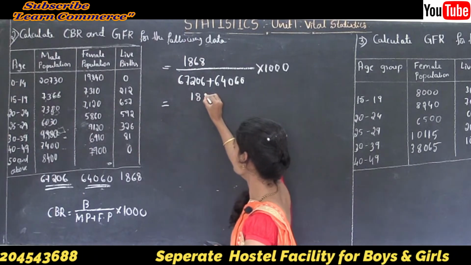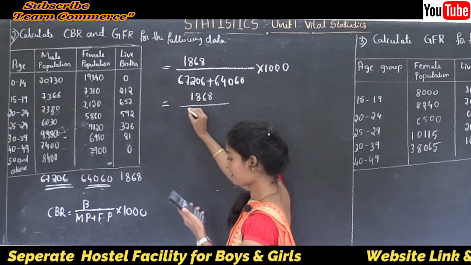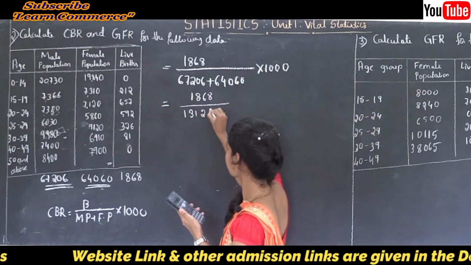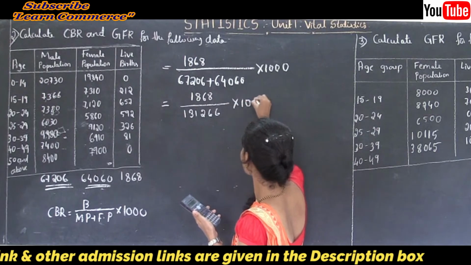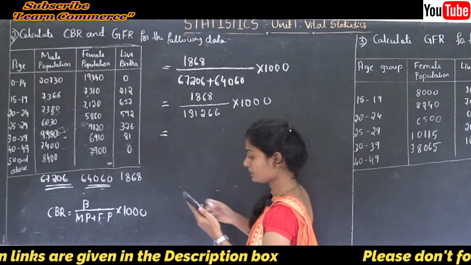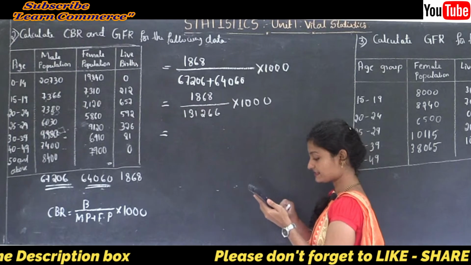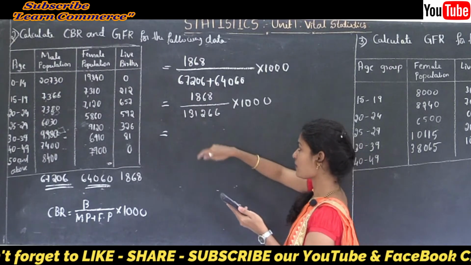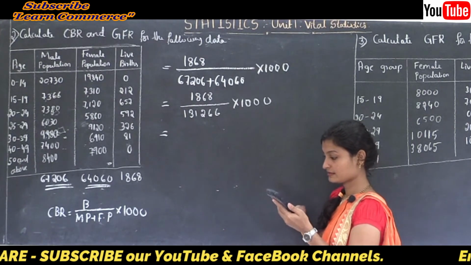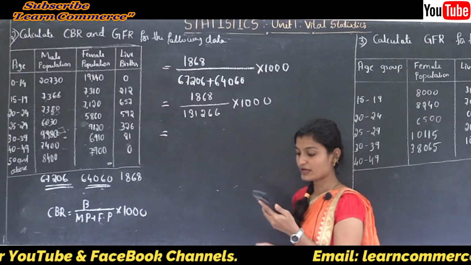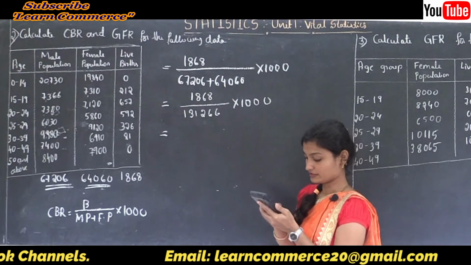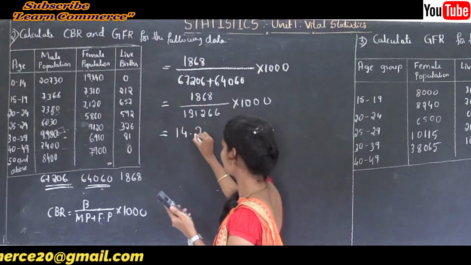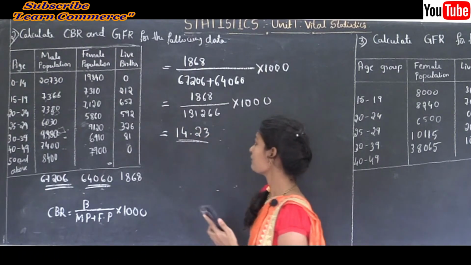So 1,868 divided by 1,31,266 into 1000. 1,868 divided by 1,31,266 is 0.01423, into 1000, that is 14.23. So here CBR is 14.23.